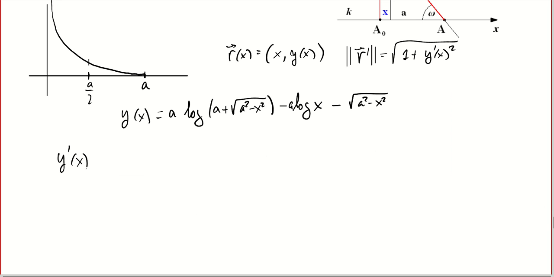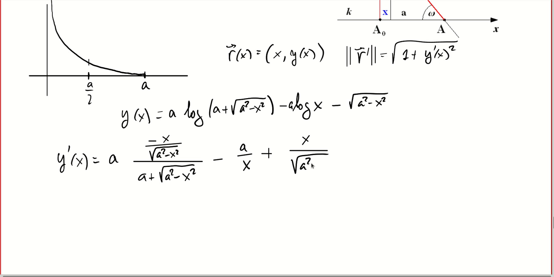The derivative is a, and up here we put the derivative of the square root, which is minus x divided by the square root of a squared minus x squared. Down here we have a plus the square root of a squared minus x squared. Then we take the derivative of the logarithm of x, which is a divided by x, and the derivative of the last term, which is minus or plus x over the square root of a squared minus x squared.